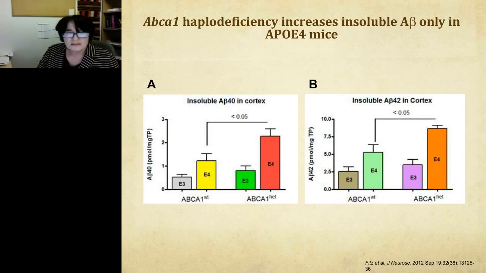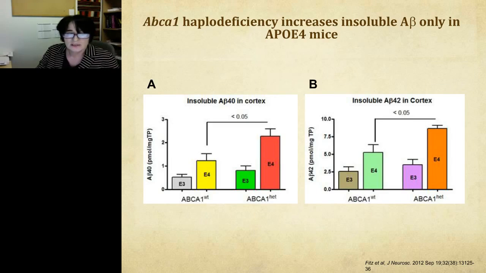To confirm these studies, we extracted insoluble amyloid from the brain of the same mice, and we measured insoluble A-beta 40 and A-beta 42 using ELISA. Essentially, this experiment confirmed the previous amyloid load results, and you can easily see that insoluble A-beta is statistically significantly increased in APPE4 mice heterozygous for ABCA1.